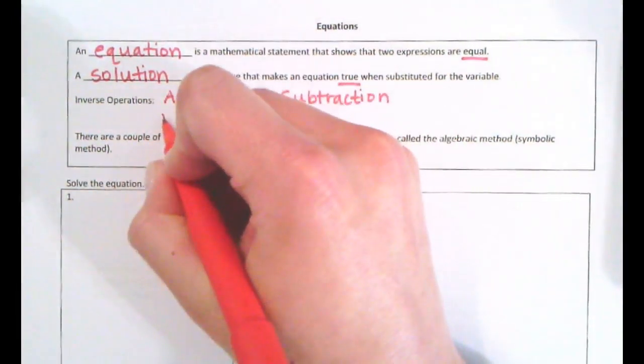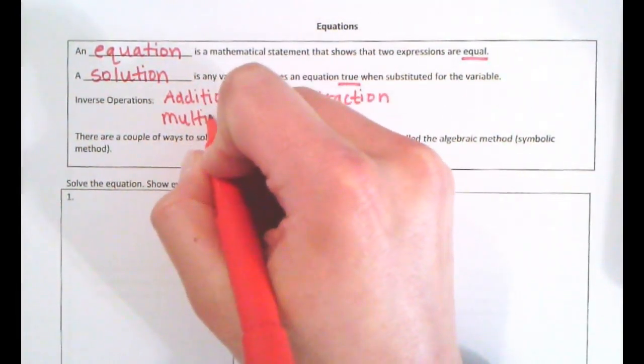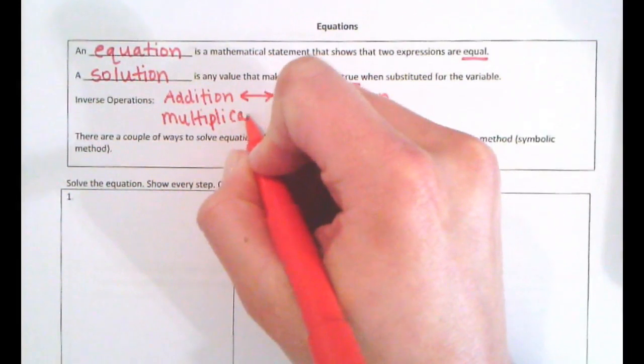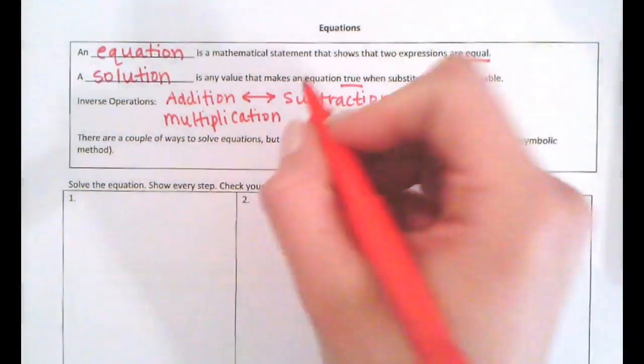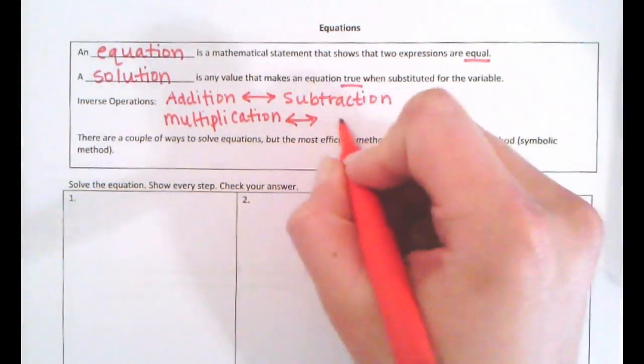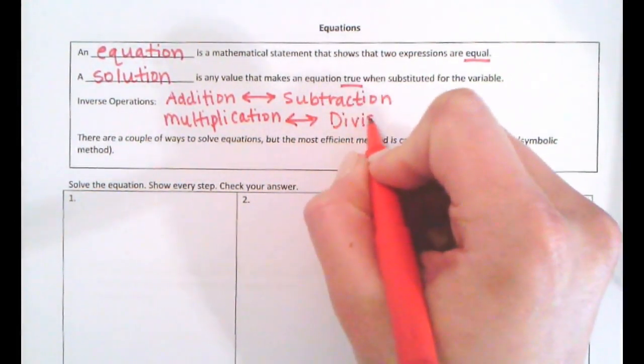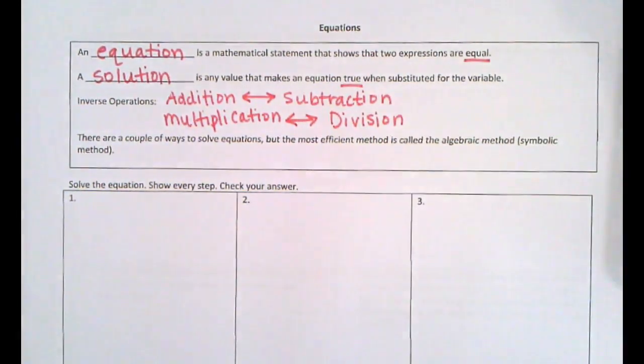And then we also have multiplication, and the inverse operation of that is division. Same thing with addition and subtraction: if something is multiplied, we divide it, and if something is divided, we multiply it.